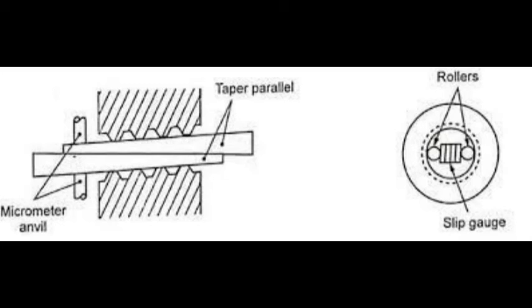The minor diameter is then the length of the slip gauges plus twice the diameter of the roller. I hope everyone understands this measurement of the minor diameter of internal threads.